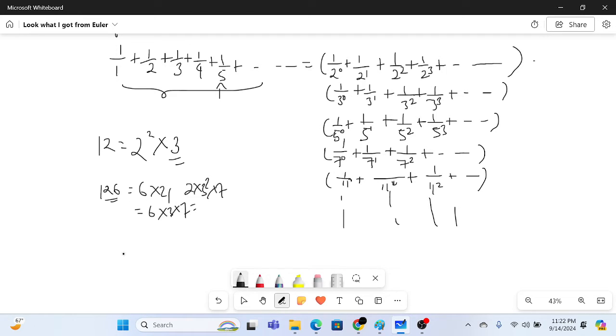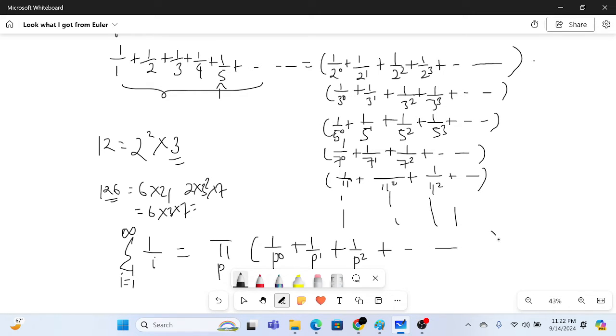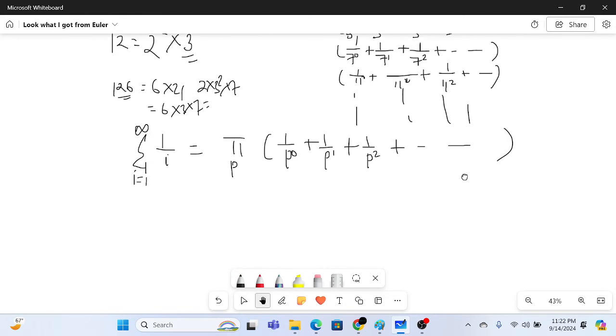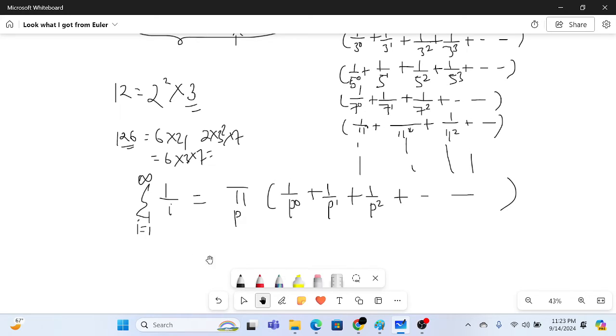Now this sum from i equals 1 to infinity of 1 by i can be written as a product over all the primes of 1 by p to the power 0, plus 1 by p to the power 1, plus 1 by p to the power 2, and so on, right? Now we can sum this, since you know that for any prime 2, 3, 5, 7, 1 by p is always less than 1, right?